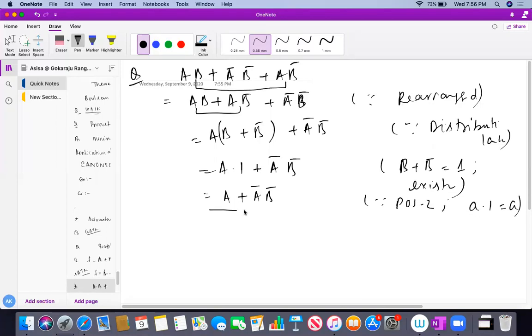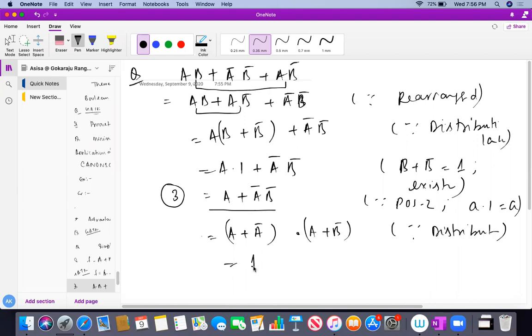Now, is this my simplified version, students? Obviously no. How? Here I am getting 3 literals. So I can further reduce A or A bar and A or B bar. What is that? I have just used the distributive law again here. As we know, A or A bar is 1, A or B bar.